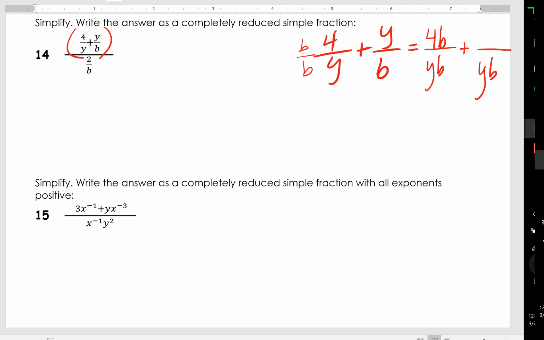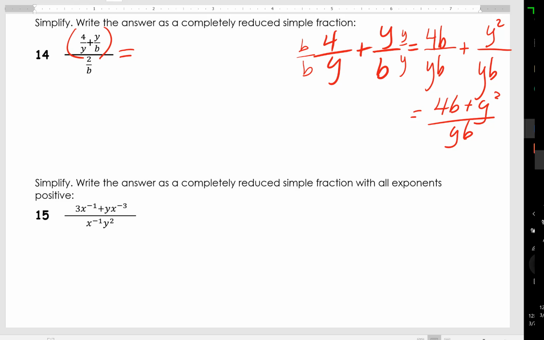The second fraction has a denominator of b, so you want to also get it to have a denominator of yb, so you multiply it by y over y. That will give you y squared over yb. And so I got my common denominator, and I'm going to add those two fractions, 4b plus y squared over yb. All right, so that's the numerator of this fraction we started with.